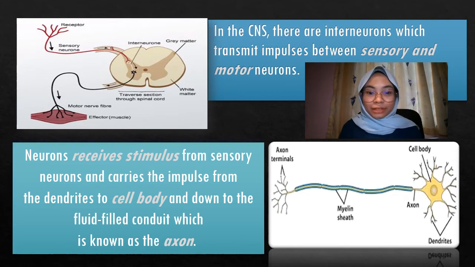In the central nervous system, there are interneurons, which function to transmit impulses between sensory and motor neurons. Neurons receive stimulus from sensory neurons and carry the impulses from the dendrites to the cell body and down to the fluid-filled conduit, which is known as the axon.